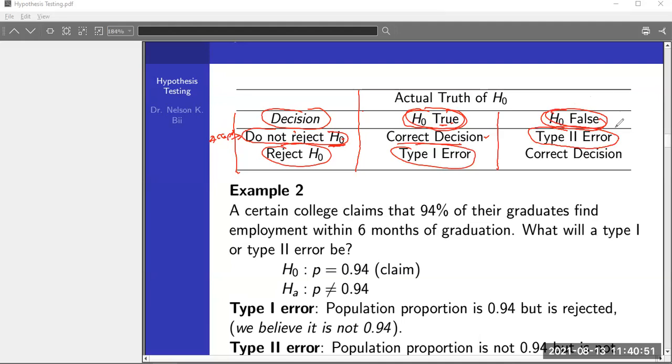So type 2 error is committed by failing to reject the null hypothesis when it is false. Number 2, if you reject the null hypothesis when actually the null hypothesis is false, then you are making the correct decision. You are rejecting it when it is false.